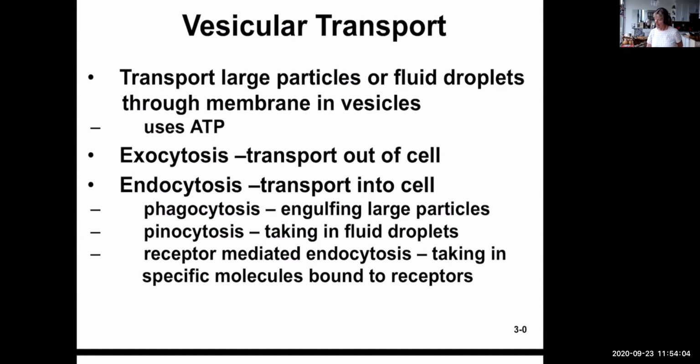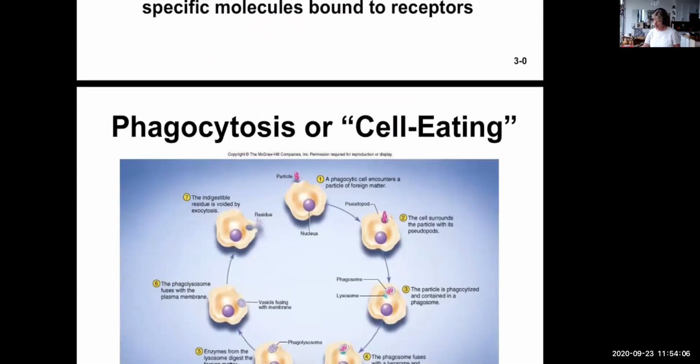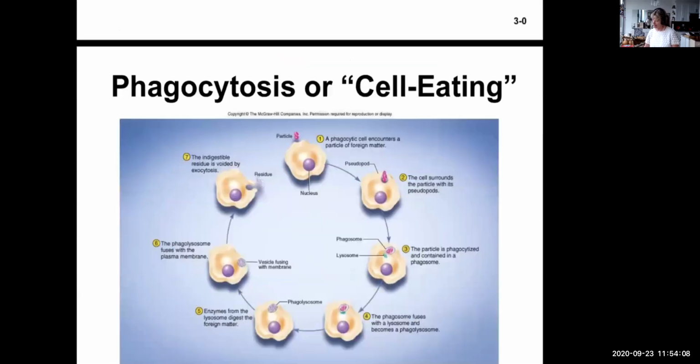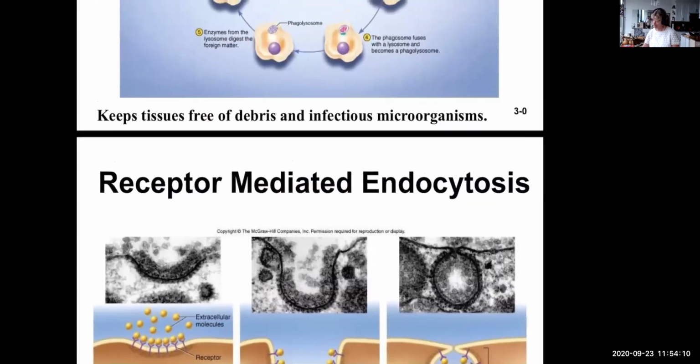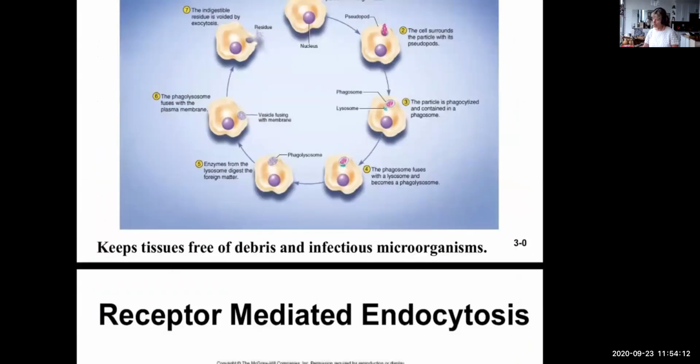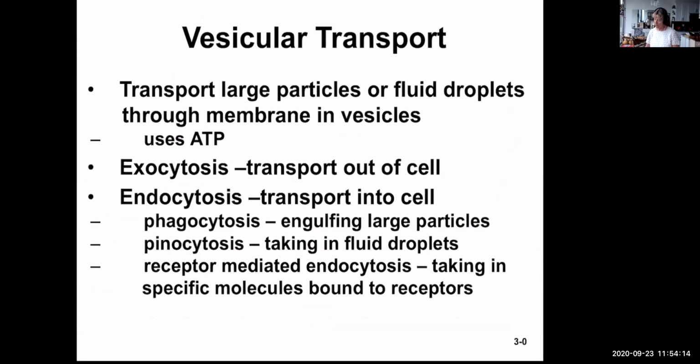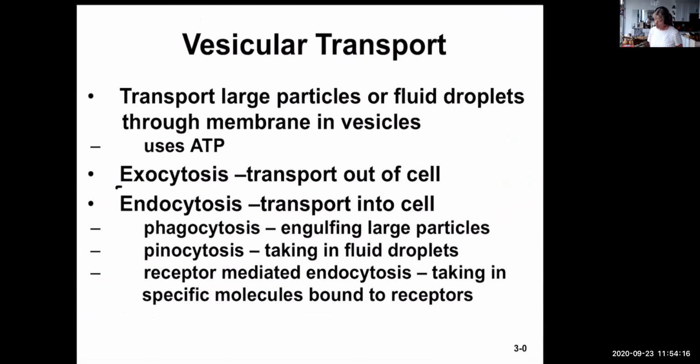I do have a diagram of that coming up, so I won't draw it. But exocytosis, exo for exit, transporting out of the cell, endocytosis, transporting in to the cell. Phagocytosis is a type where very large particles are engulfed.